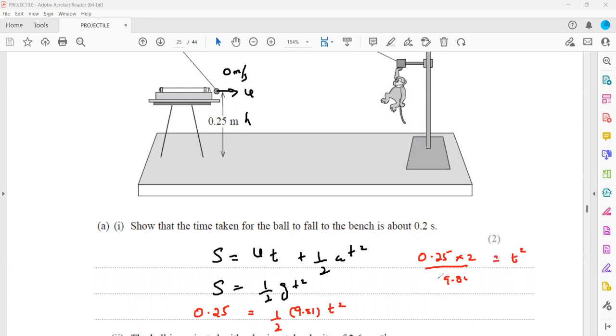But we need t, so we have to take the square root on both sides. That will give us the value of t, which is about 0.2 seconds. When we simplify this, it will give us 0.23. So 0.23 second is the time taken by this ball to drop a distance of 0.25 meter.